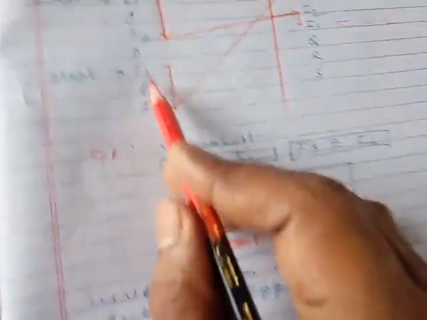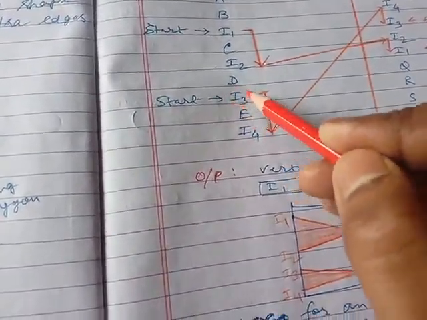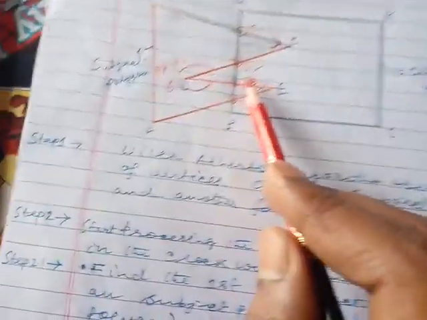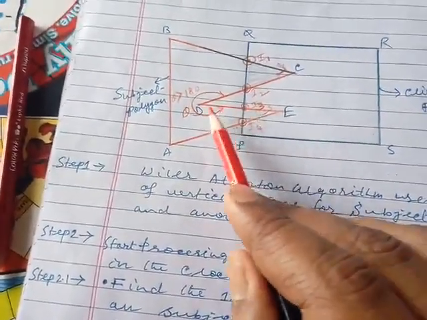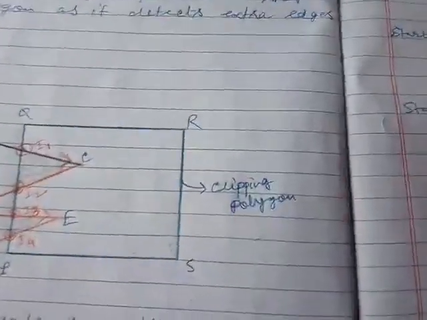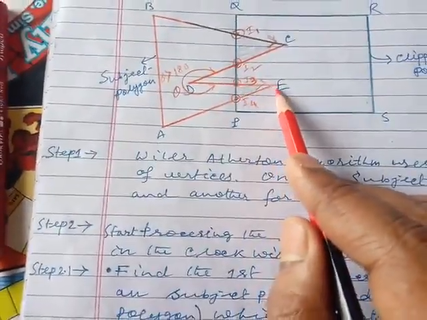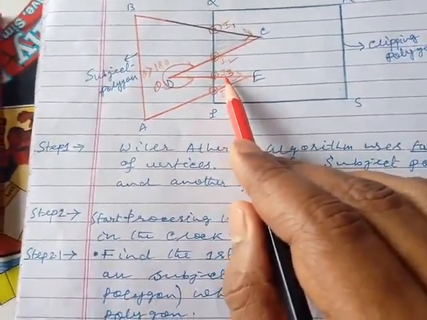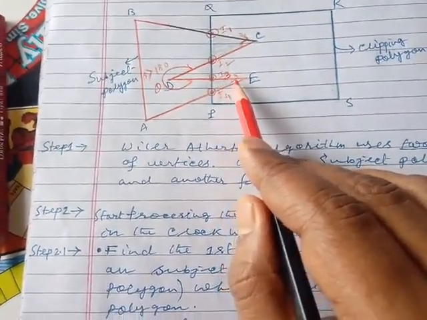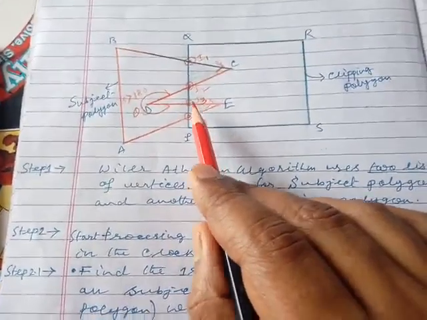In the list also you can see that the next intersecting point is I3, which is due to the incoming edge DE intersecting the clipping polygon. Therefore, we will restart the procedure from I3, tracing the subject polygon edges in the clockwise manner.